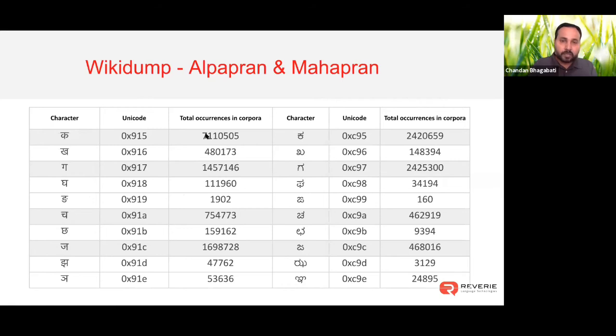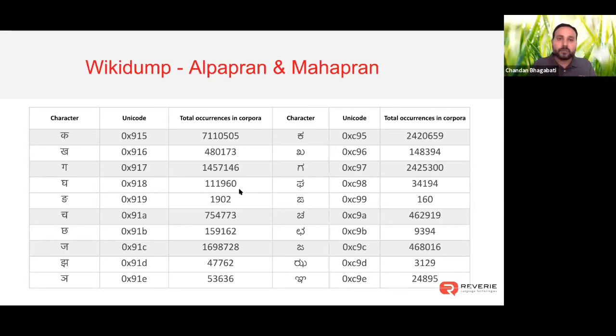The frequency of occurrence of these characters in the text corpora in Wikidump is very insightful. It tells you that all the Alpaprana characters are used more frequently, and all the Mahaprana characters are used comparatively less frequently.